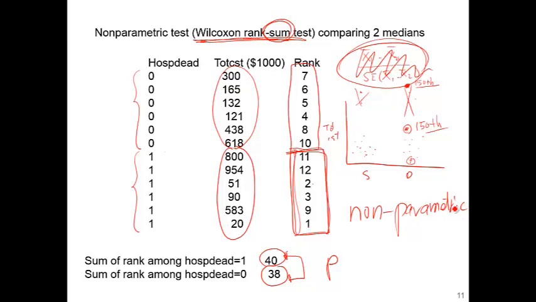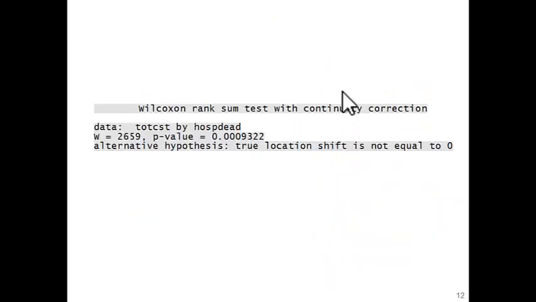Distribution-free means you can use a non-parametric test for normally distributed data as well. In fact, in my practice, I don't use the t-test; I use the Wilcoxon rank sum test all the time because it's also valid for normally distributed data. And because non-parametric tests are distribution-free, we don't have to worry about the distribution of each variable to decide what test we should be using. Instead, you can use a non-parametric test for everything.